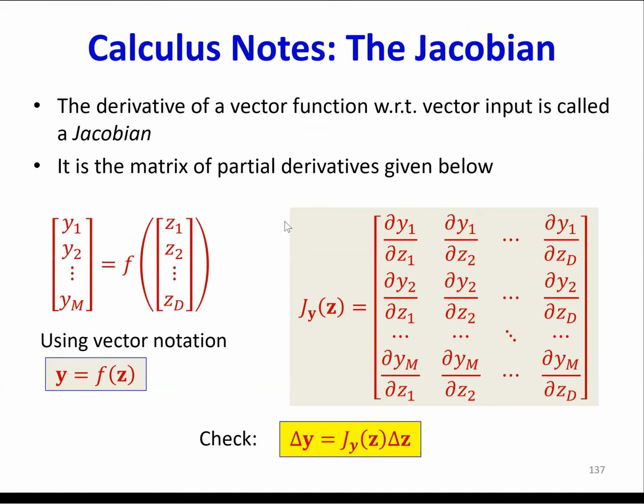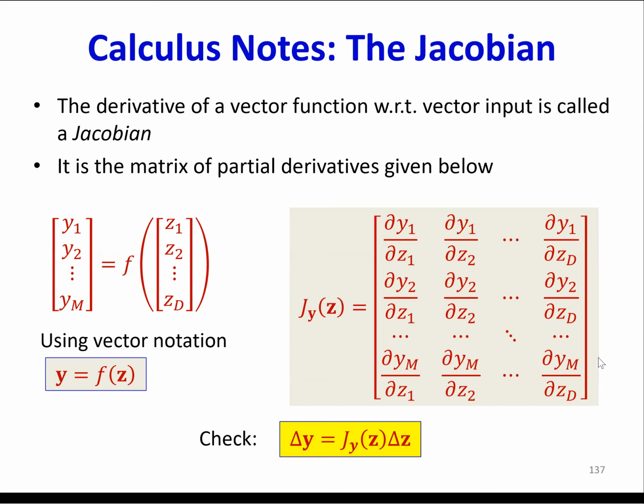So, and you can see why this is so. This is just reiterating this. My vector y is a vertical stacking of these individual y's. And so the derivative of y with respect to z is a vertical stacking of the derivatives of these individual y's with respect to z. And those derivatives are row vectors.